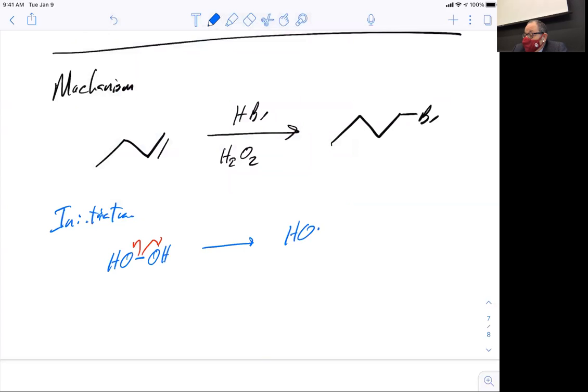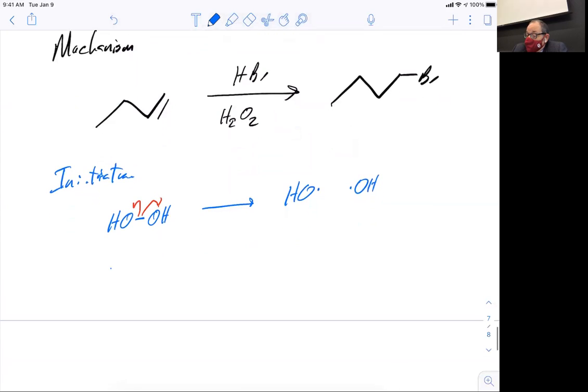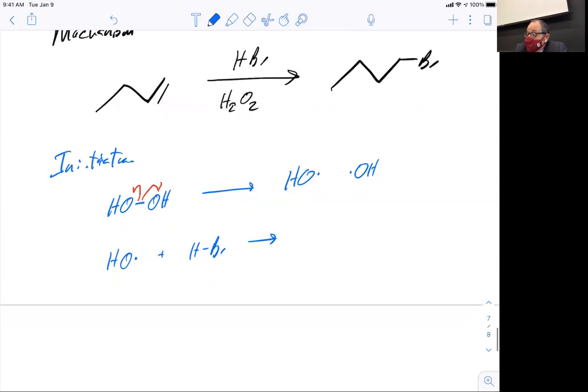Form the radical. And in the second step of the initiation, that radical is going to react with HBr to give us a reactive species. So we're going to extract this proton to form the bromine radical.